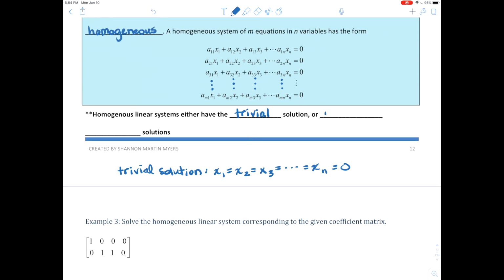Or you can have infinitely many. You'll have something that's dependent. So what does this mean? It means that homogeneous systems are always, always, always consistent.